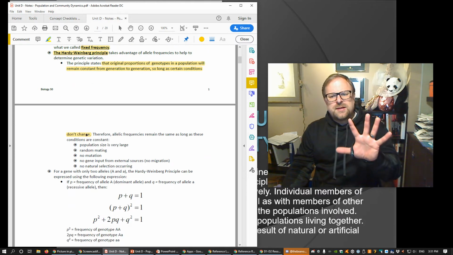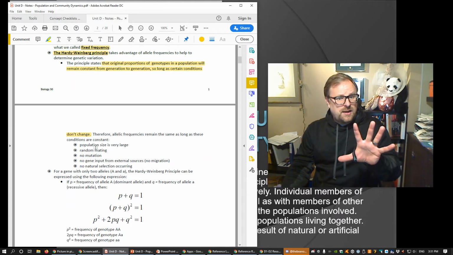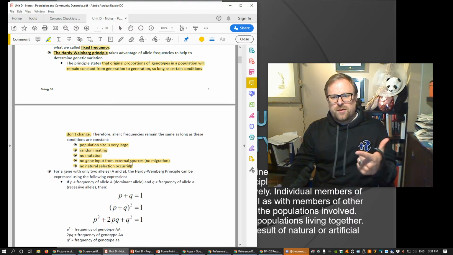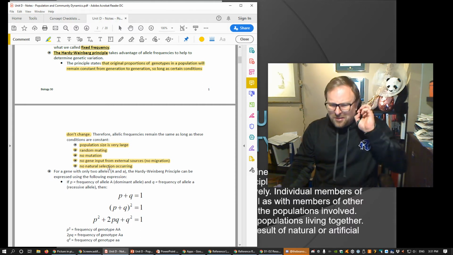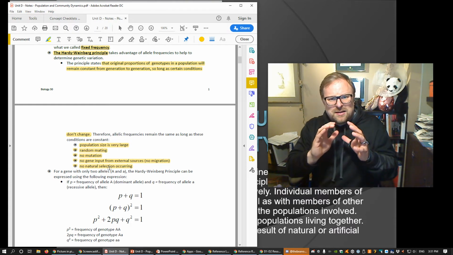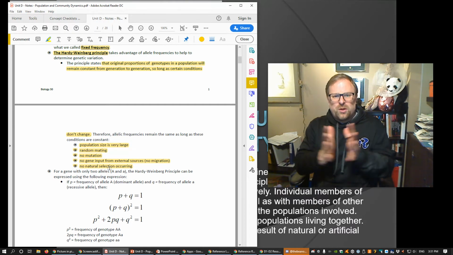The 5 conditions, which the videos did highlight, that must be met for the Hardy-Weinberg principle to be valid are: population is large, random mating, no mutation, no gene input, in other words, immigration and emigration, and no natural selection occurring. You should see from the videos, if you haven't watched them already, that these 5 conditions are really difficult to meet.